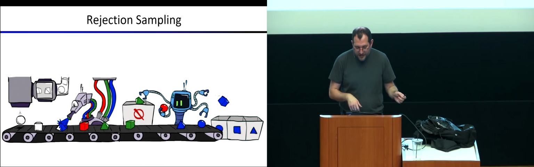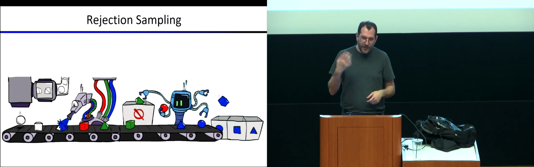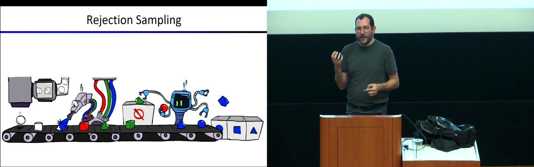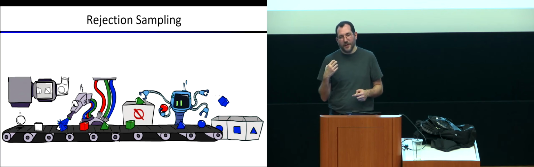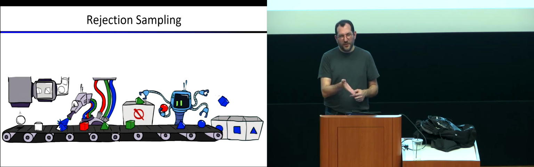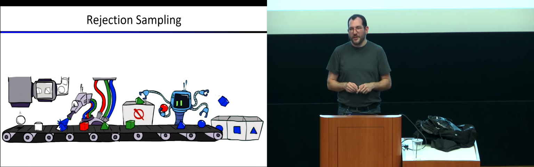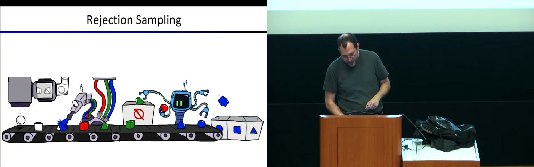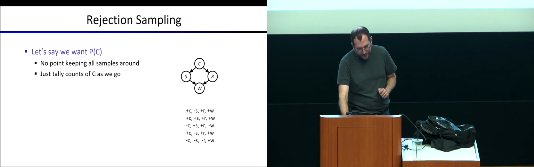And so, as the samples come off our conveyor belt, we take a look at them. And if they're samples we can use, meaning they match our evidence, we keep them. And if they're samples we can't use, we reject them. We actually sort of already did that when we computed some of those queries on the last slide, where we were crossing things out saying these samples don't represent my data condition, so they're not relevant to this query. So in rejection sampling, samples come off and you reject them if they don't match the evidence.